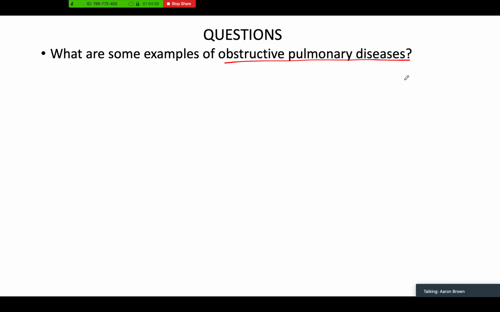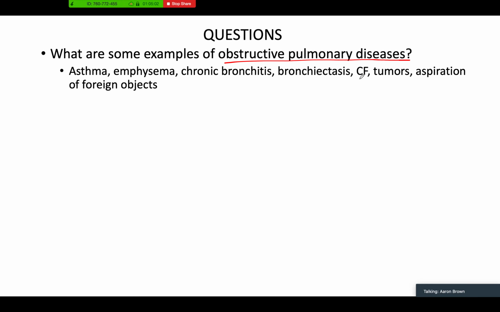Yep. Emphysema. Yeah, great. Those are all obstructive. Asthma, emphysema, chronic bronchitis. Also bronchiectasis, cystic fibrosis, any tumor, aspiration, foreign object. Really just think about anything that can trap air behind it. So even when you have this baby that comes in because she swallowed a peanut, or didn't swallow but inhaled a peanut, that can cause essentially an obstructive type condition too.